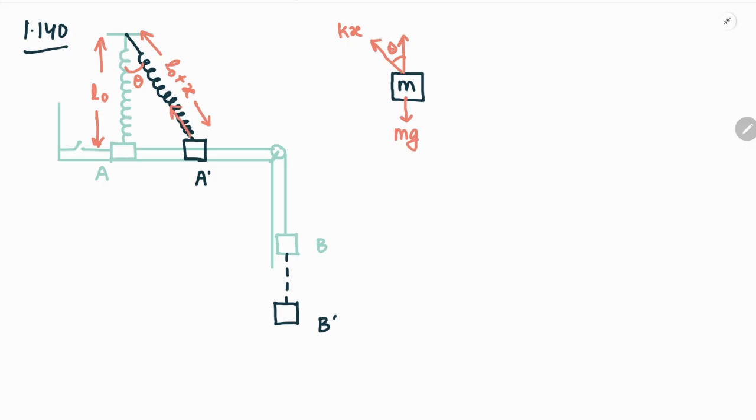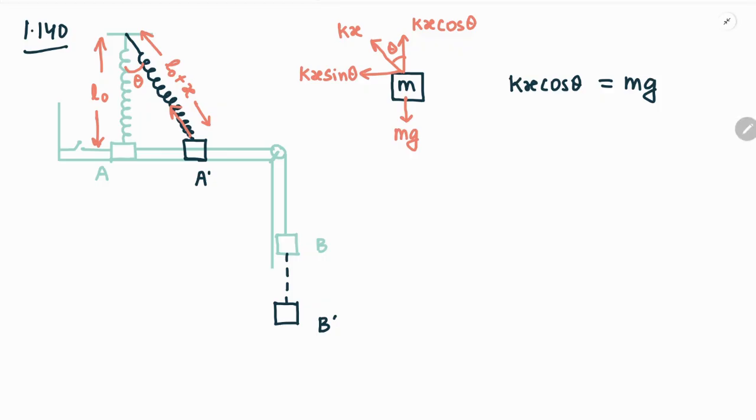So we will have two components of spring force, kx cos theta and kx sin theta. For the block to leave contact with the surface, the value kx cos theta must be equal to mg. So this is the first requirement that we have, that kx cos theta must be equal to mg.